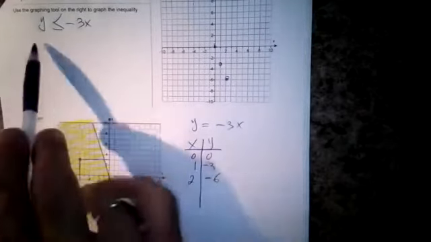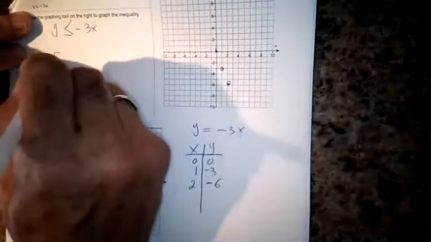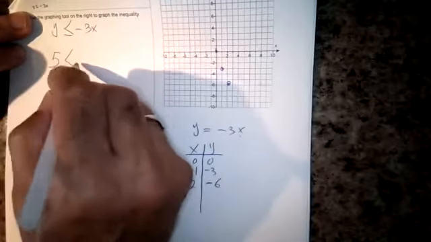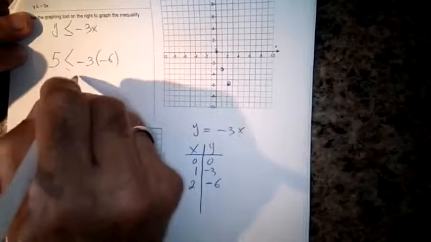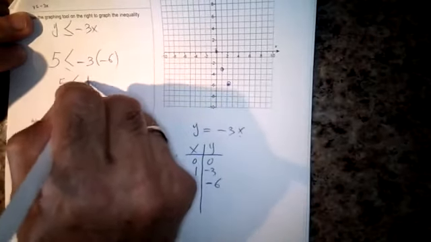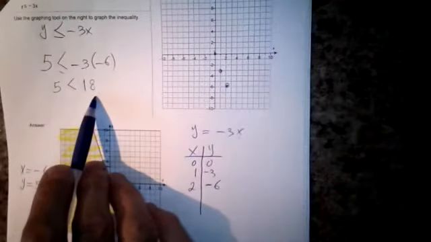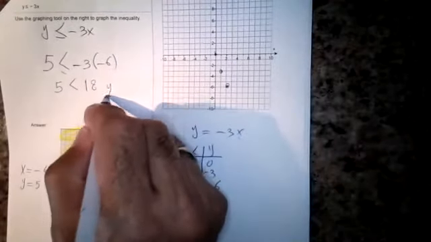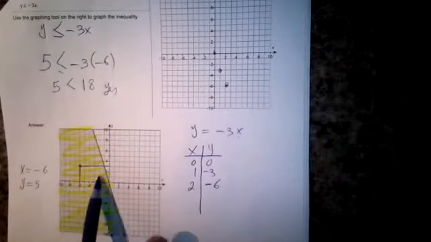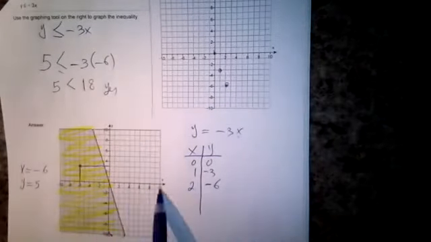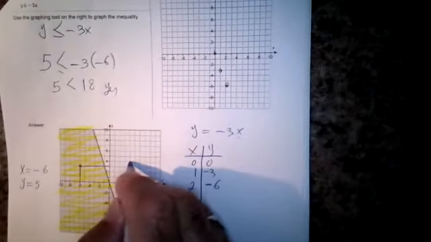Take these and substitute here in this equation. Y is 5, minus 3 times -6. Do that to see if you come up with a logical statement. Is 5 less than 18? Yes. So then you know this is a correct area. Since this is the shaded area, the other side doesn't have the correct numbers. Let's say I pick a number here. What are the coordinates of this point?